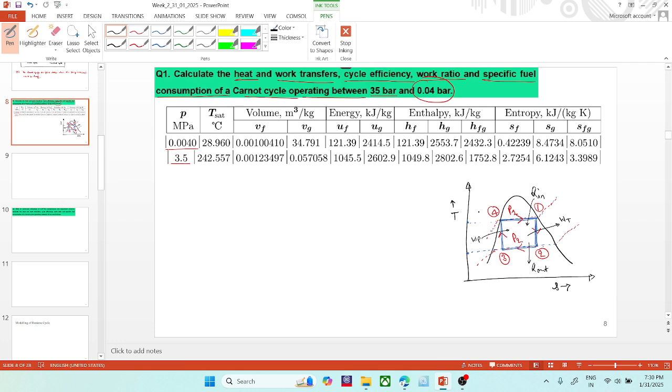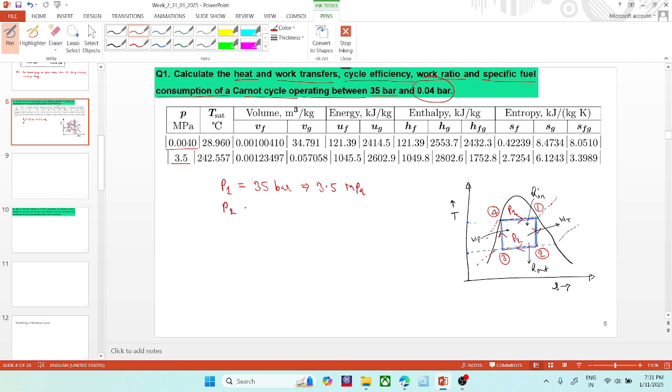Okay, so let me write the value of these pressures first. It is given that pressure P1 is 35 bar, or it would be 3.5 megapascal.